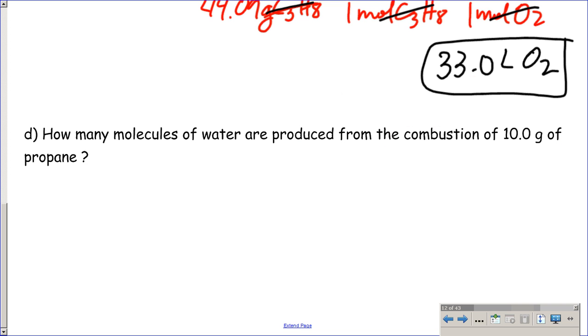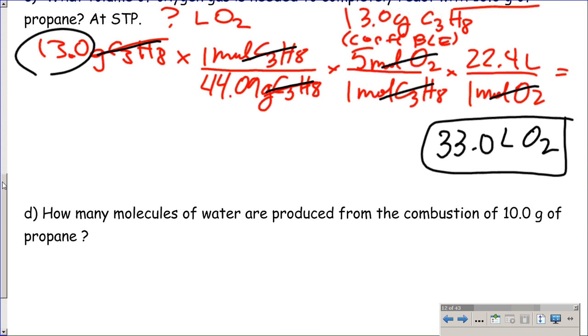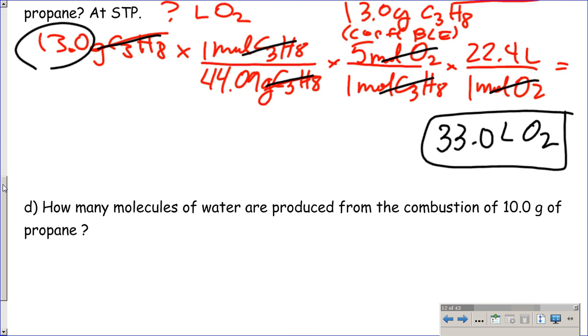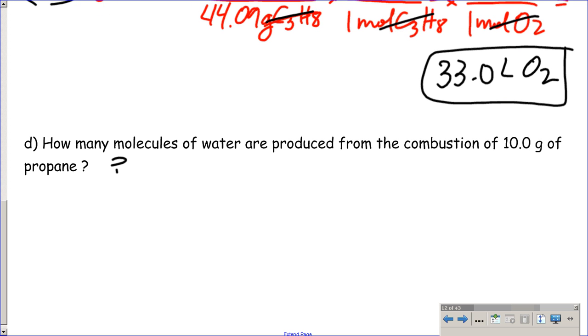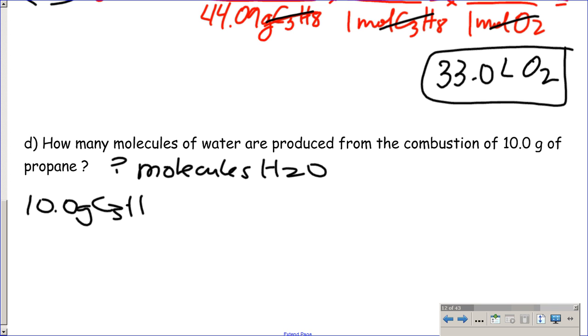Okay. Ooh, I see molecules now. All right, tell me how to start here. The question: molecules of H2O. What am I starting with? 10.0 grams of propane. Good.